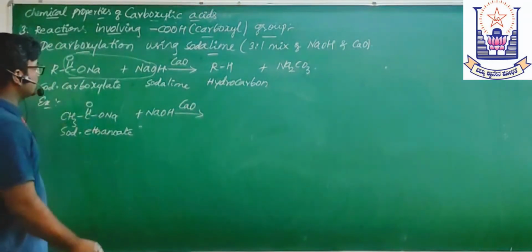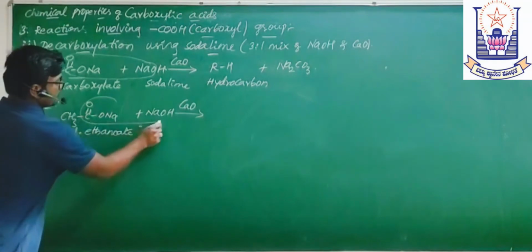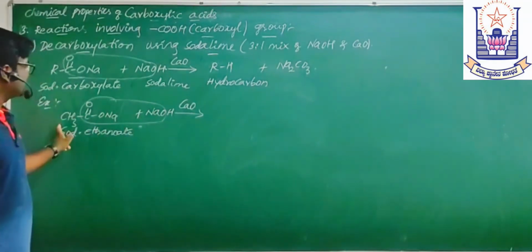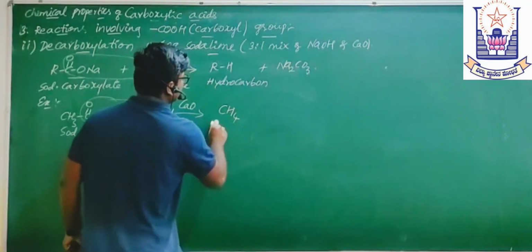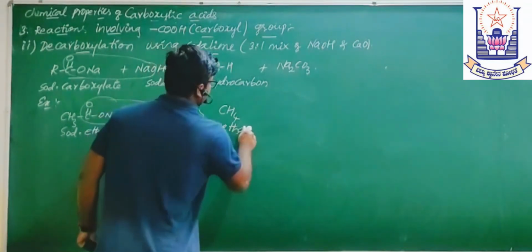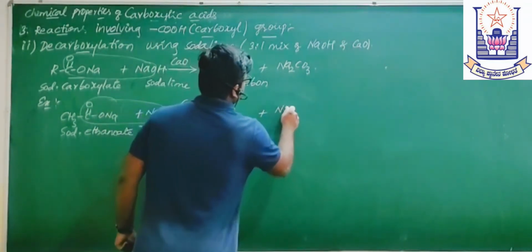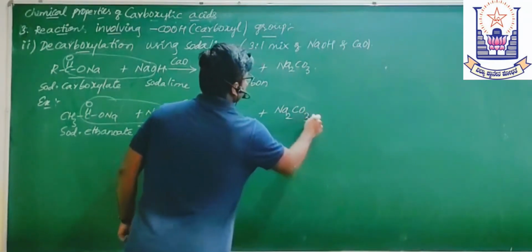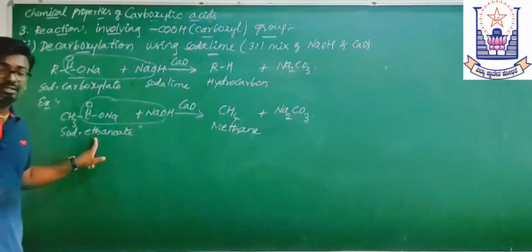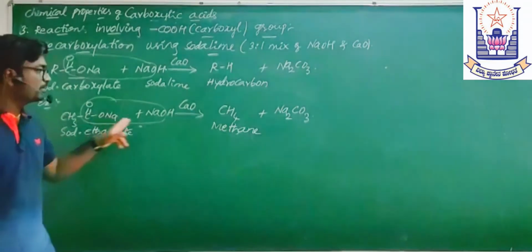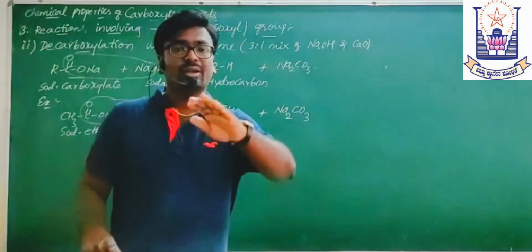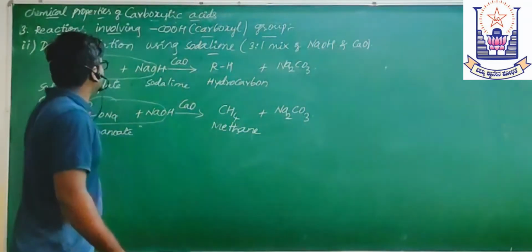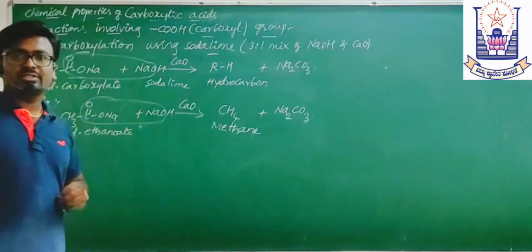Decarboxylation. Na2CO3 comes out. What is left? CH3H is nothing but CH4, methane, plus Na2CO3. You started with 2 carbons, but the product is with 1 carbon. It means in decarboxylation, 1 carbon will be removed from this structure.